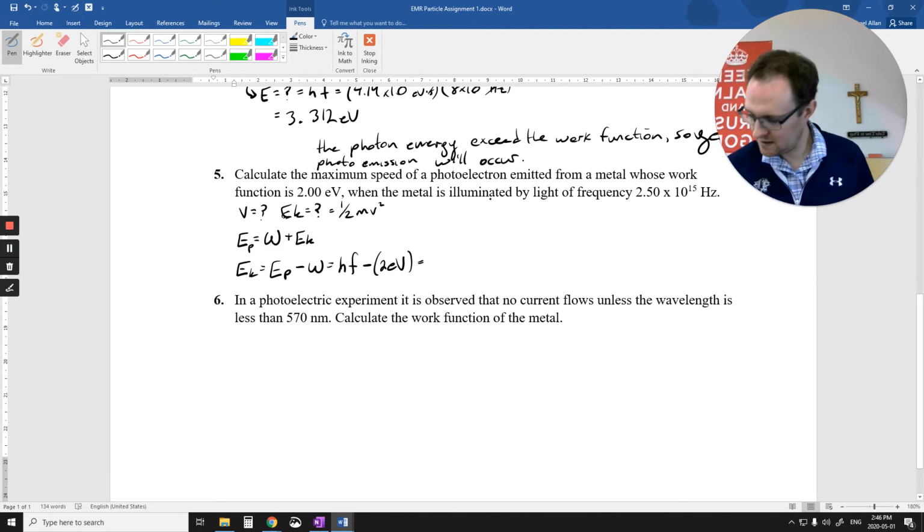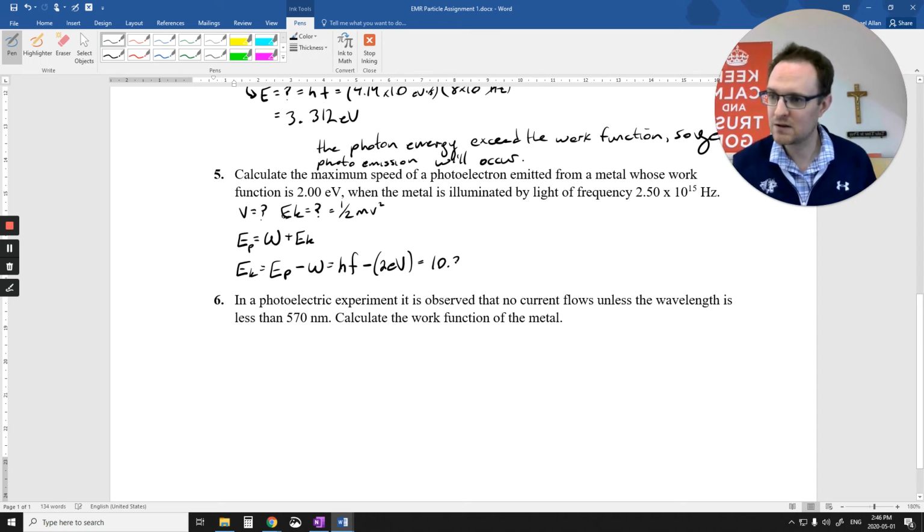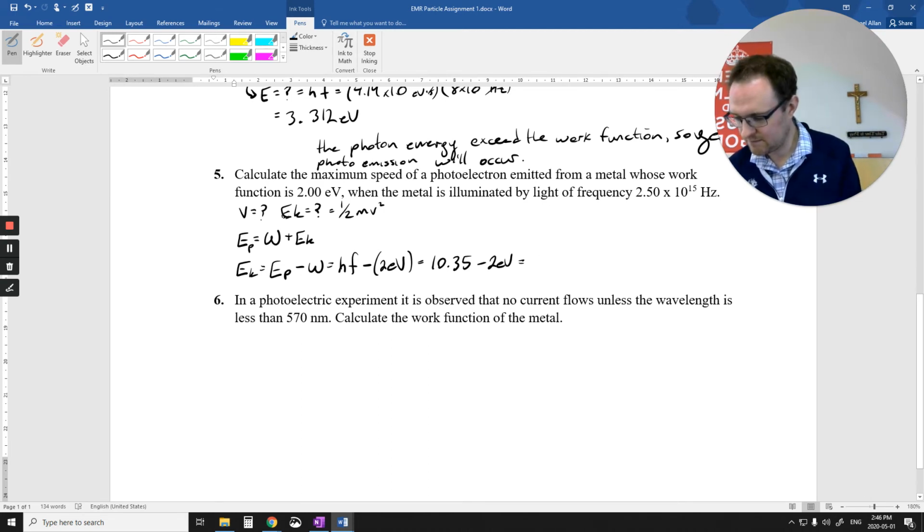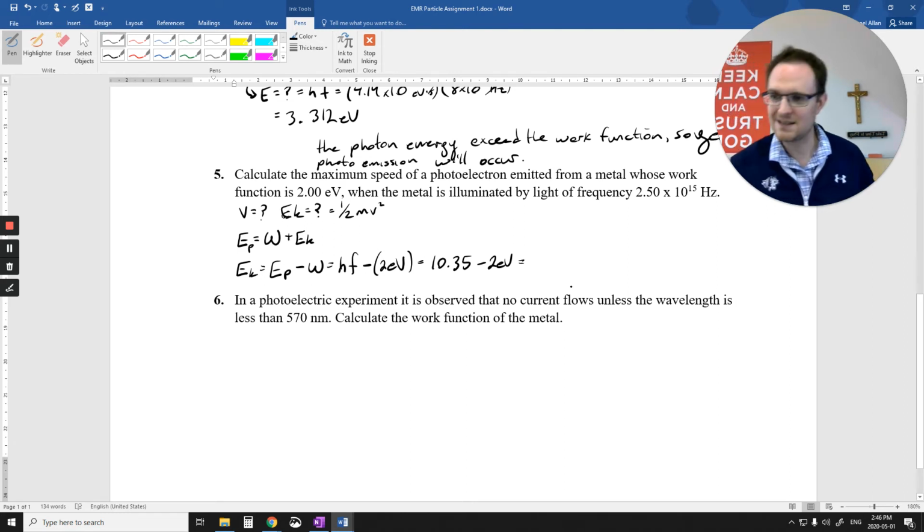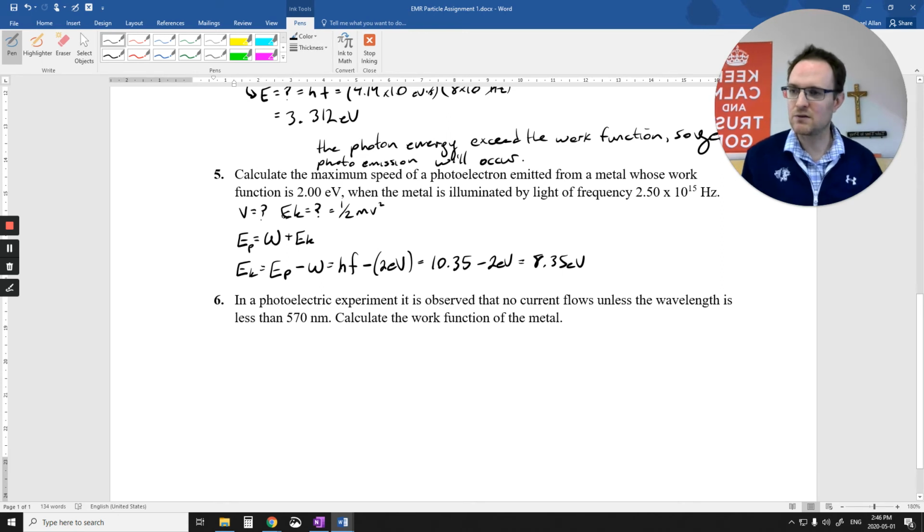It's a high frequency, okay, that's the reason. So it's 10.35, and I want to minus the 2 electron volts. So the electron uses 2 to get out of the metal, and then I subtract 2, and it has 8.35 electron volts of energy as kinetic energy, because that's what's left over.